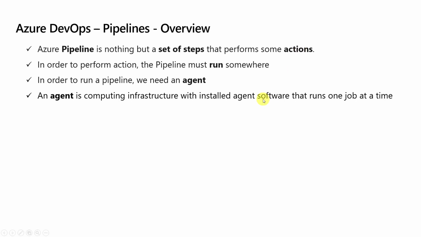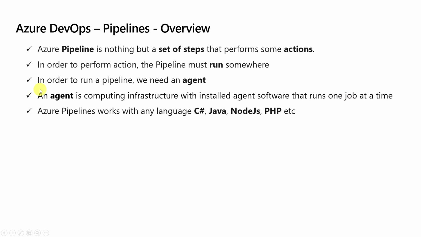Those software must be installed in an agent, in a computer or server, that is called an agent. And this agent will run a job. Here you see a new term called job. So far we have heard about pipelines, tasks, agent, job. These are the common terms that we will be using. Slowly we'll understand all this, and the relationships between all these, in a separate slide.